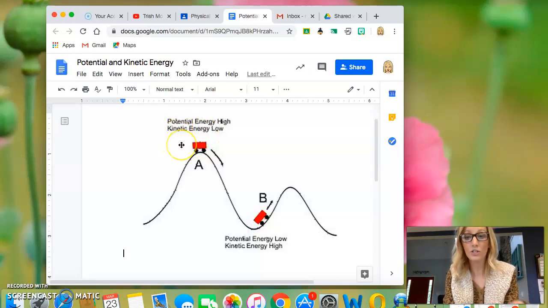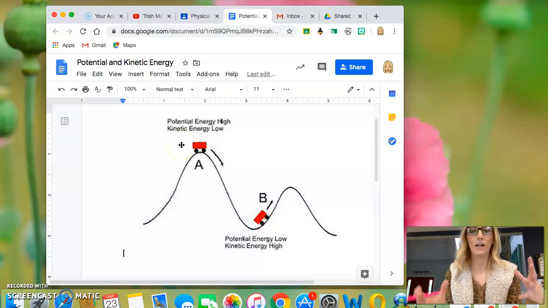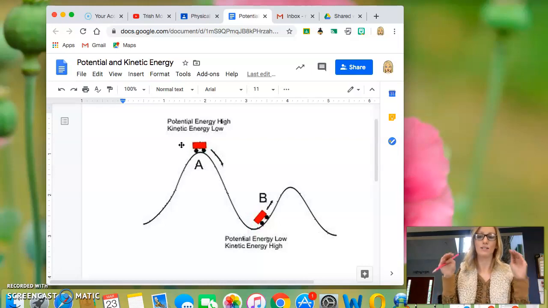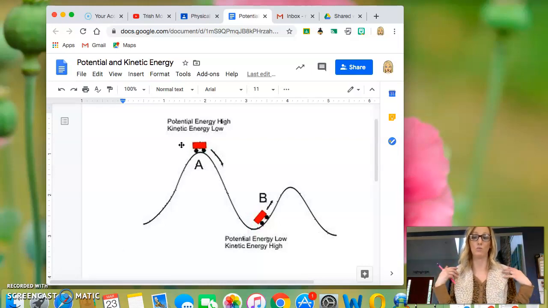Think about when you're on a roller coaster, you're up at the top, you're not moving, but when you do move, you're going to go really fast. Think about going down that hill. So that's why we have a really high potential energy, because we're about to go really fast. Our kinetic energy is low then because we are not moving.